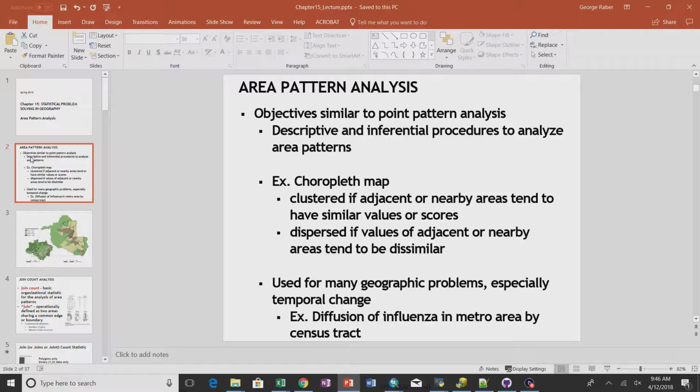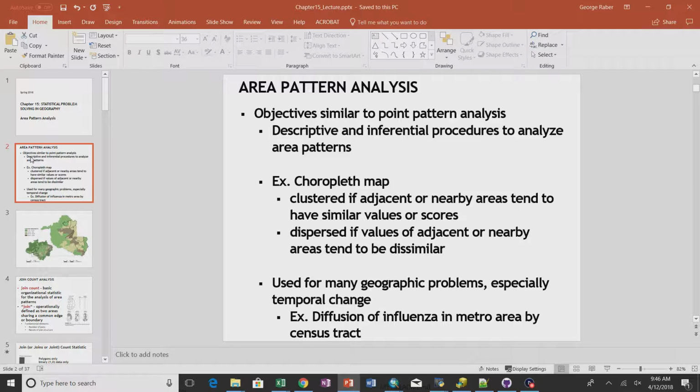So we still have that continuum that goes from random to dispersed. From random to clustered, dispersed to clustered with random in between. So dispersed means that there's a pattern to the distribution.